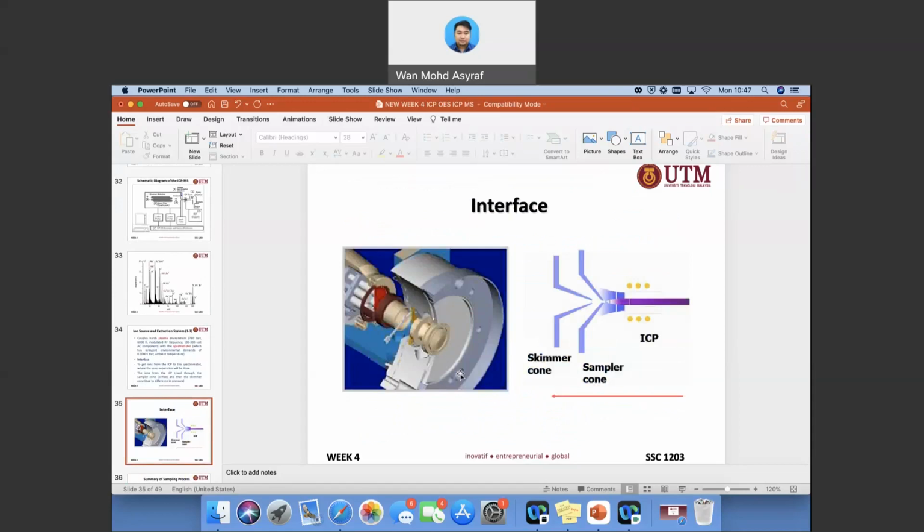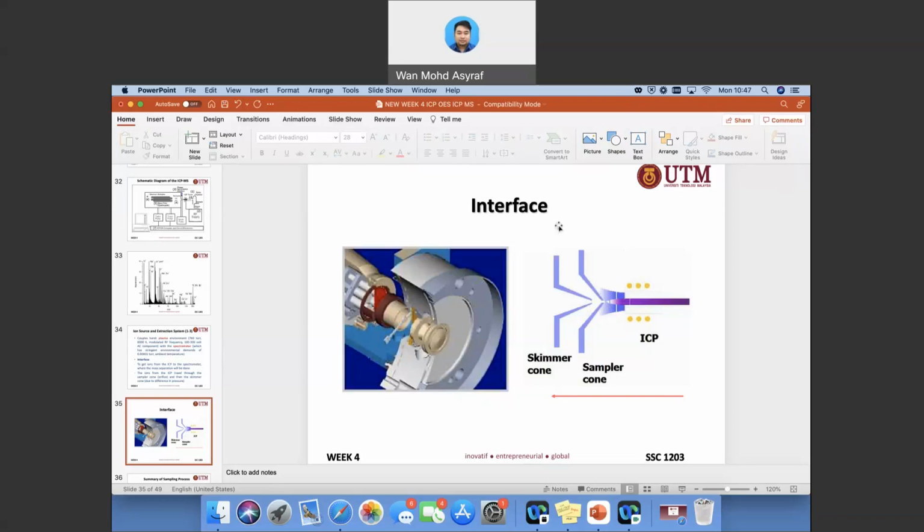All right, so the ions from this ICP, from the plasma, where the atomization until ionization would happen, will be traveling into the mass filter, which is the quadrupole.